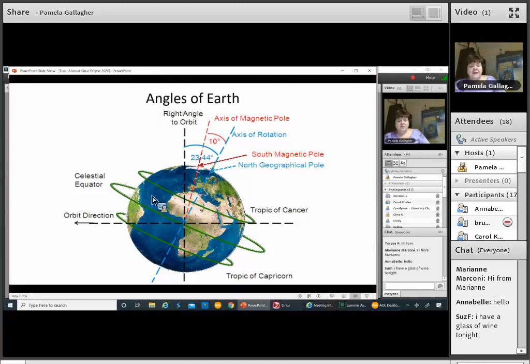So the 4 angles: when the sun reaches the equator in the spring, that's 0 Aries. And then as we're tilted and the sun reaches its highest point in the northern hemisphere, this is actually, as you see, the Tropic of Cancer.